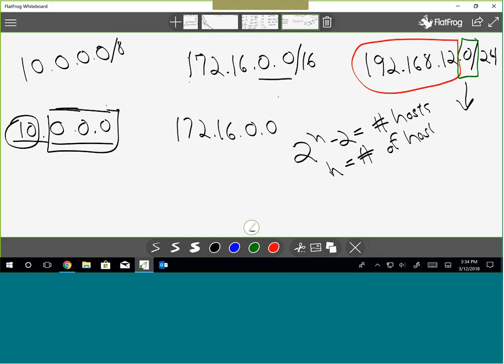So we have 8 host bits, so 2 to the 8 minus 2 equals 254 usable hosts on a class C, because there's only 8 bits. For a class B, it'd be 2 to the 16th minus 2, and so on and so forth.